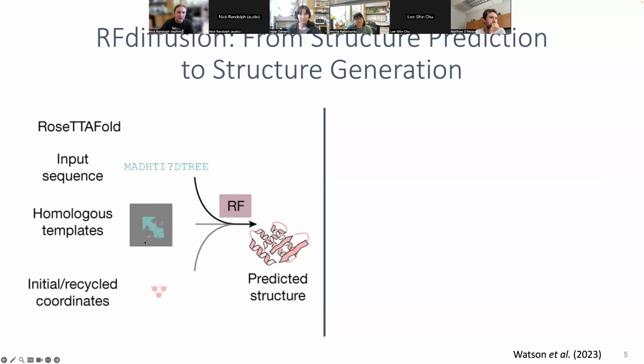We also have some relatives of that protein sequence. This is usually found by forming an MSA and finding known structures of proteins that are similar based on the sequence. And then we also have some initial coordinates. The initial time through the network is actually all centered at the origin, but recycling changes this. It goes through the network and eventually you get some nice predicted structure.